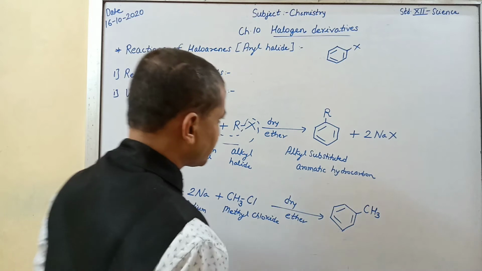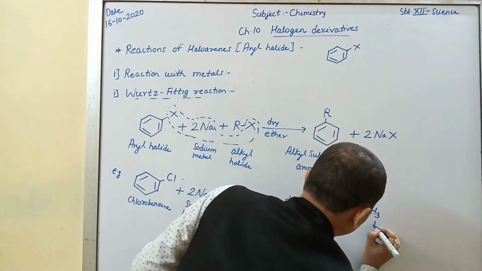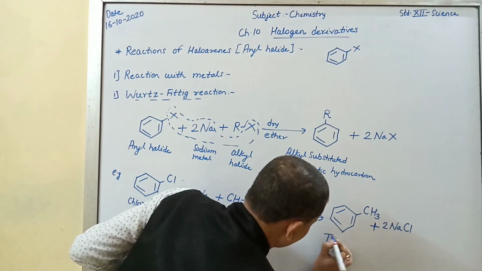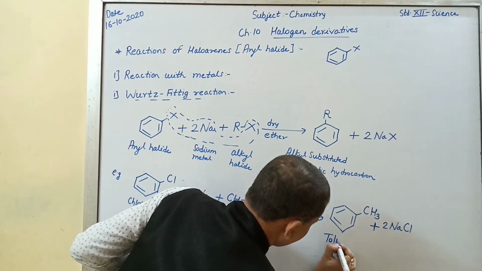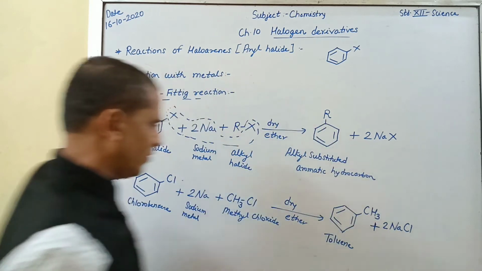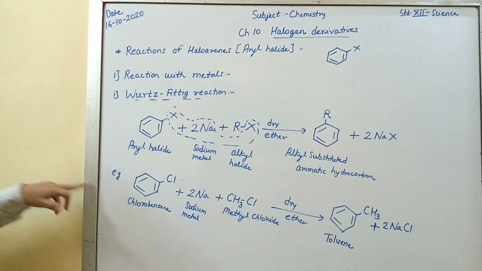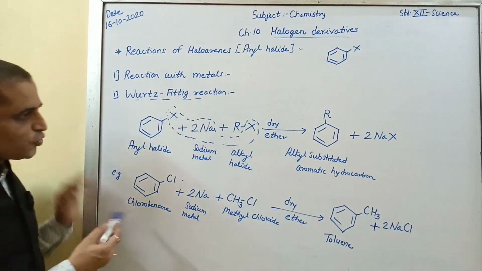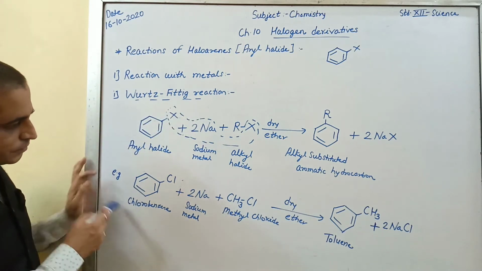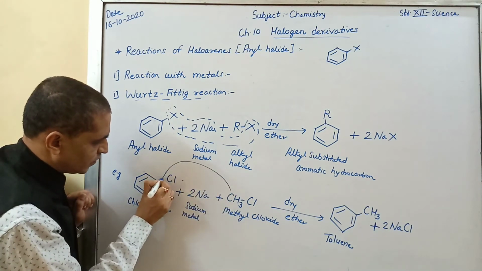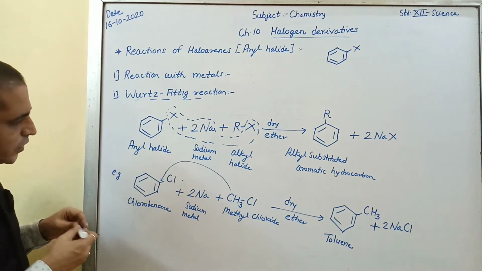We get toluene, CH3 plus 2NaCl. This is the example of the Wurtz-Fittig reaction. I hope you understood this reaction. This methyl group replaces the chlorine, and here it will take the place.